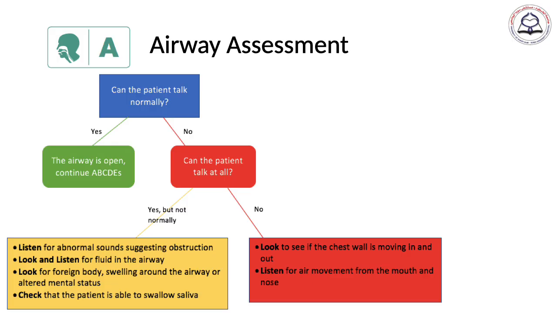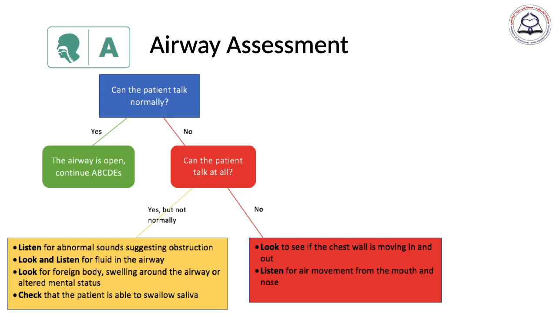If the patient cannot talk normally, does he talk at all? If he is not talking, then you need to look if the chest wall is moving up and down, indicating that air is moving in and out of the lungs. And you need to listen for air movement from the mouth and the nose.